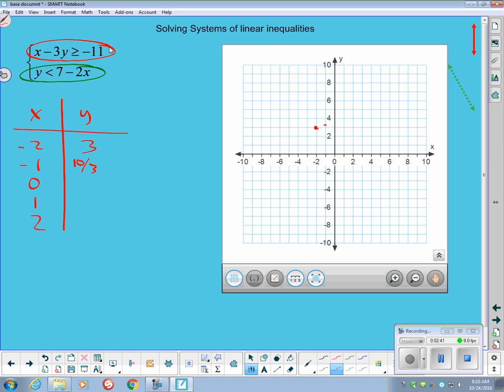If I put a 0 in, that one's a little bit easier. -3y equals -11. But that means y is going to be 11/3. Get that back in there. I guess I didn't need the y equals on there. Just clean that up. And get 11/3 on there, which would be up 1 more third from where it was. That's 3 2/3. I think I see a pattern; the 1 should get me another clean answer.